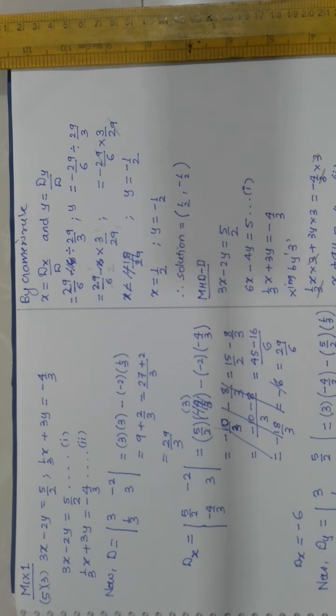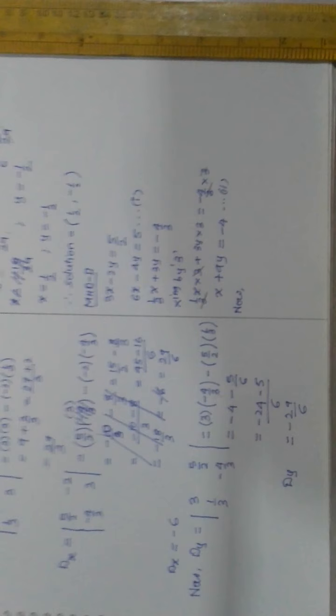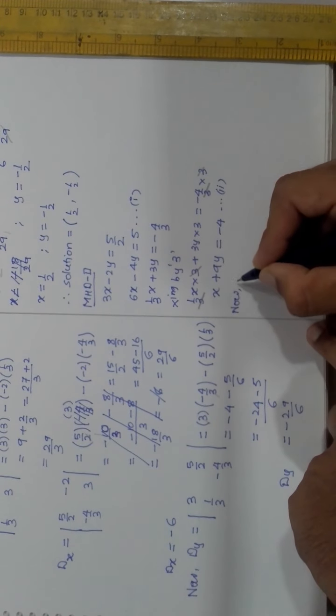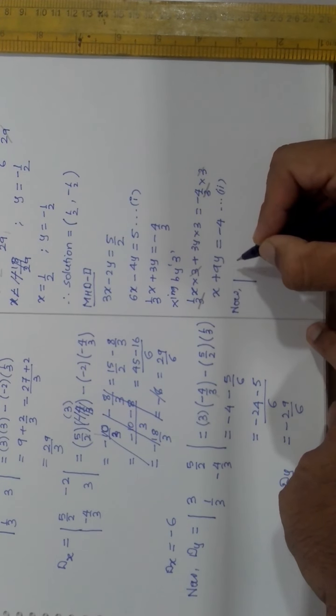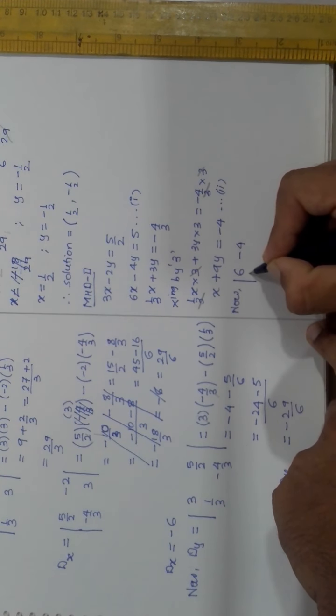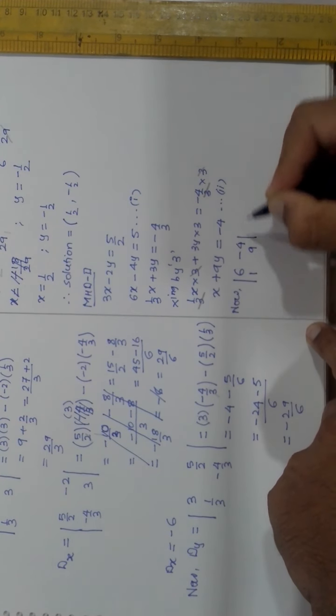Now this becomes easier to understand. Now your D becomes the coefficients of x and y, that is 6, minus 4, 1 and 9.